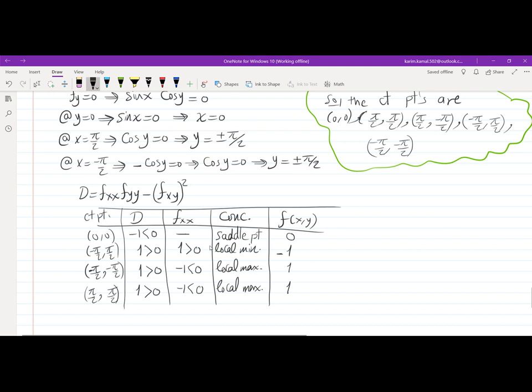And the last point, which is pi over 2 and negative pi over 2, the d at this point will be 1, which is bigger than 0, and fxx will be 1, which is bigger than 0, so the function has a local minimum with the value of negative 1.